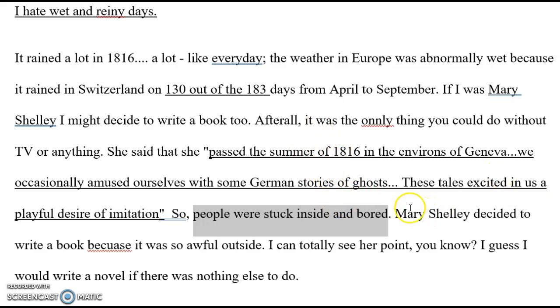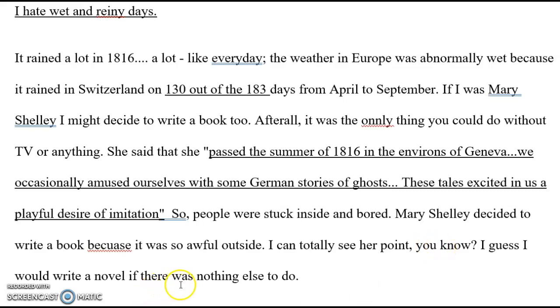Mary Shelley thinks that these tales excited them in a playful desire of intimidation, meaning they inspired her to write her story. Whenever the author of this paragraph thinks that the people were stuck inside and bored, this doesn't reflect her feelings.